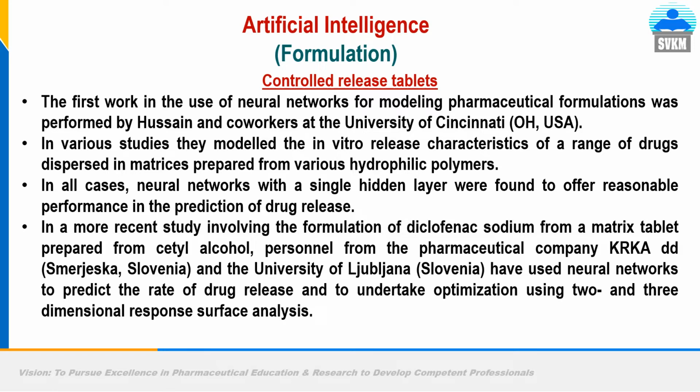In various studies, they modeled the in vitro release characteristics of a range of drugs dispersed in matrices prepared from various hydrophilic polymers. In all these cases, neural network with a single hidden layer were found to offer reasonable performance in the prediction of drug release.